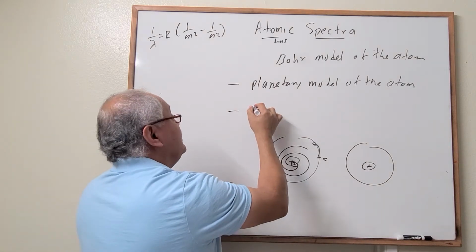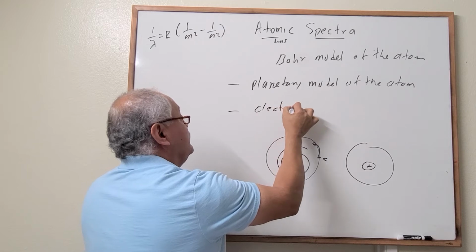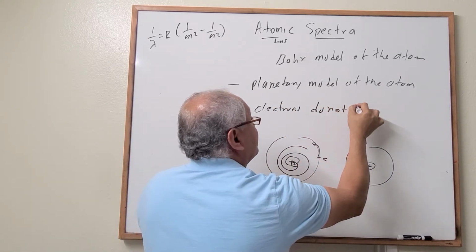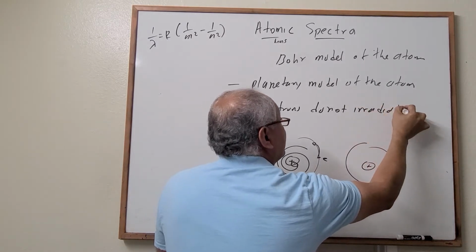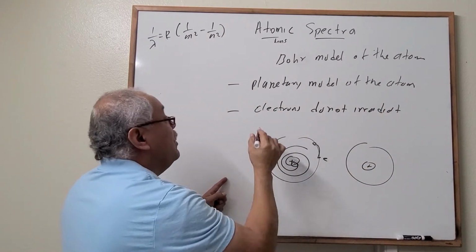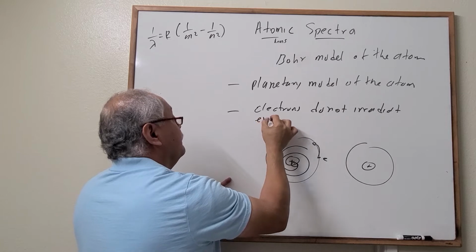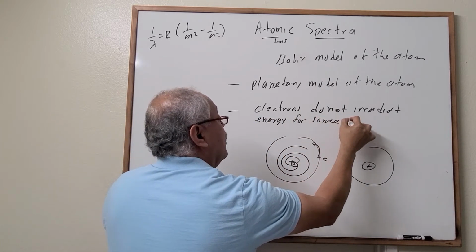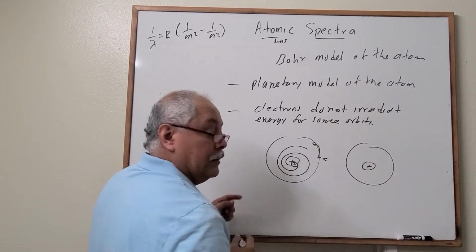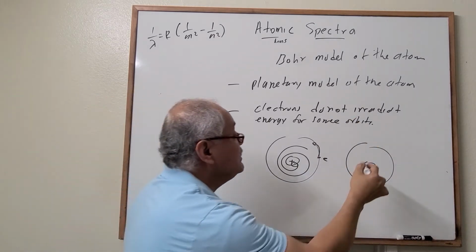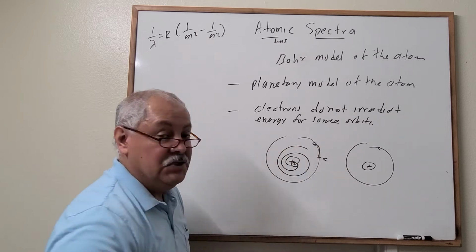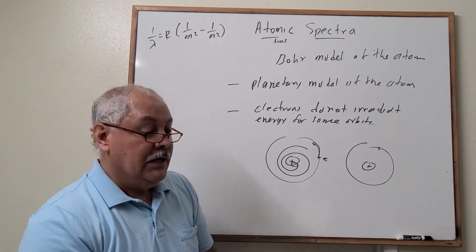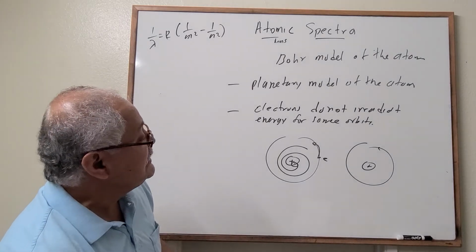It says electrons do not radiate energy in some orbits. Otherwise, if it radiates energy, the atom disappears.